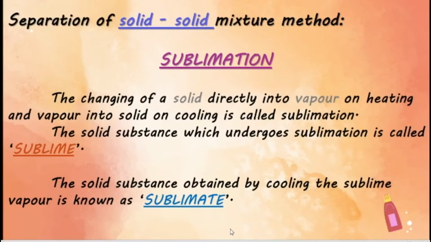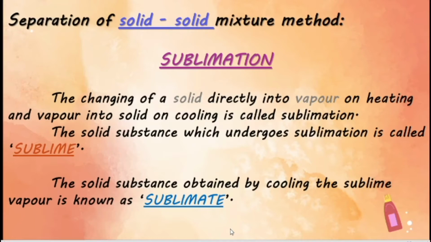Let us discuss the first. The separation of solid-solid mixtures includes the sublimation method. What is sublimation? The changing of a solid directly into vapor on heating, as well as the vapor into solid on cooling, is called sublimation. The substance which undergoes sublimation is called the sublime substance.